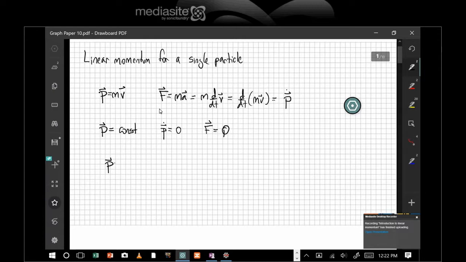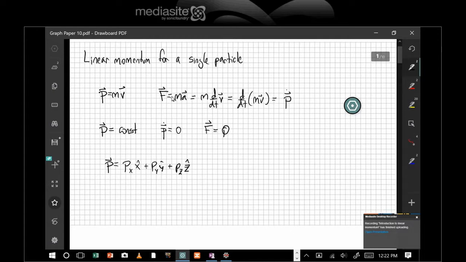I can write the momentum in Cartesian coordinates as p x x hat plus p y y hat plus p z z hat.